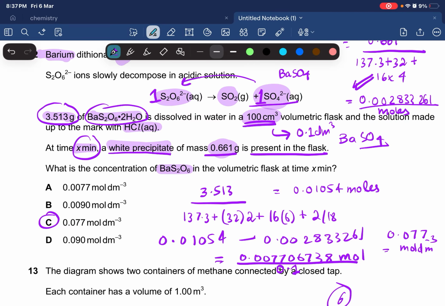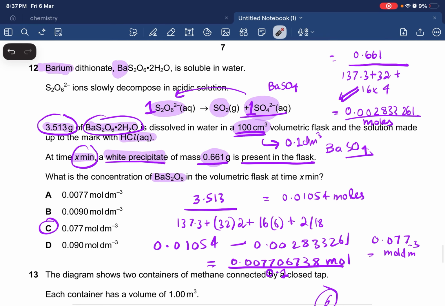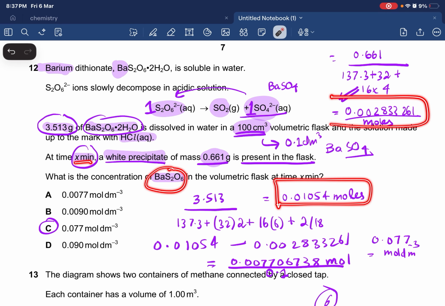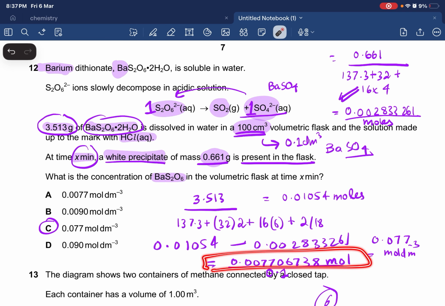I hope you understood. This was a little tricky question. You just had to realize that you needed the amount of moles at x minutes. So you took the initial moles, subtracted the moles that were decomposed, got the moles that were remaining, and then divided the moles by volume to get the concentration.